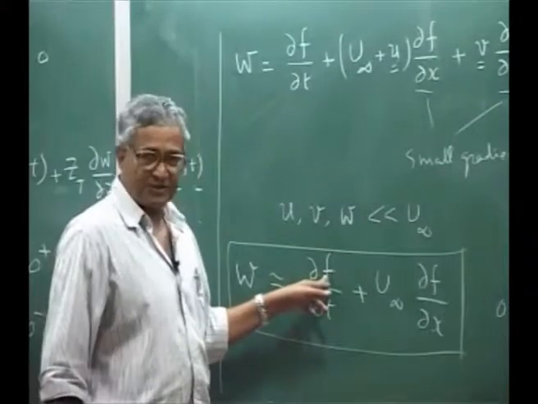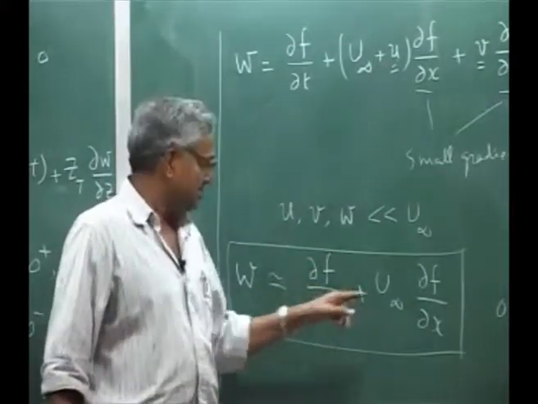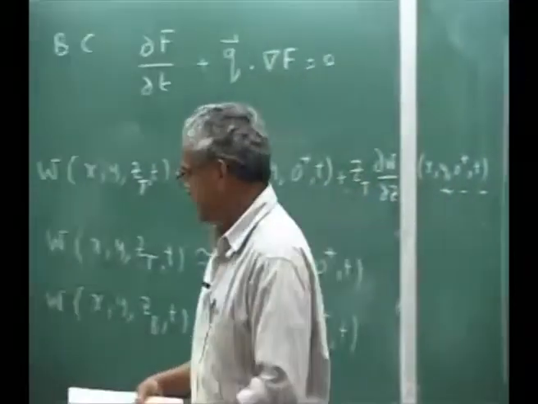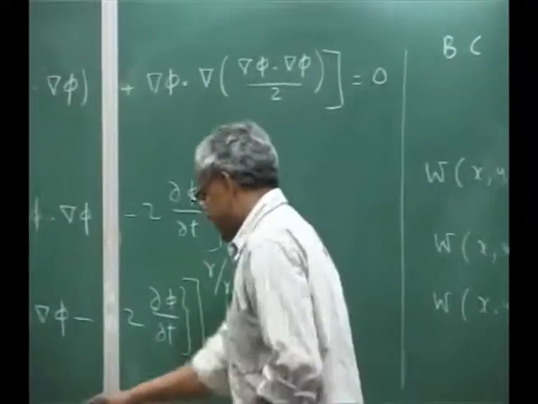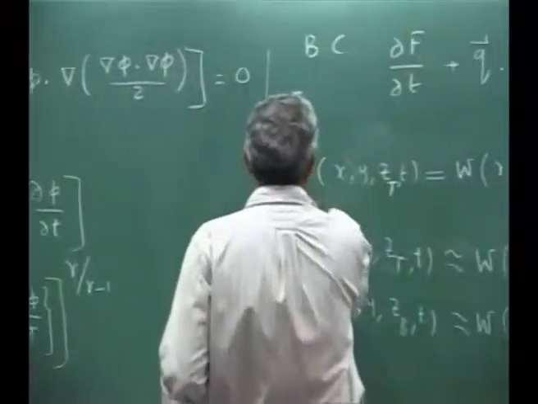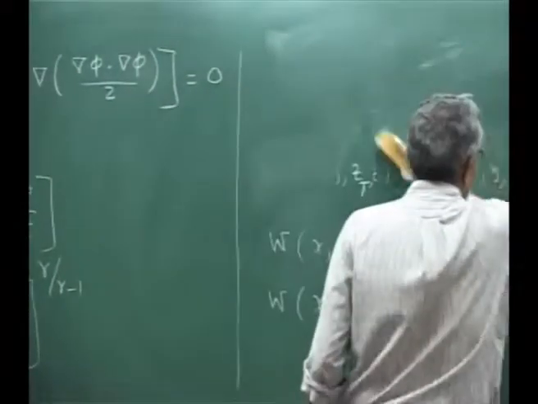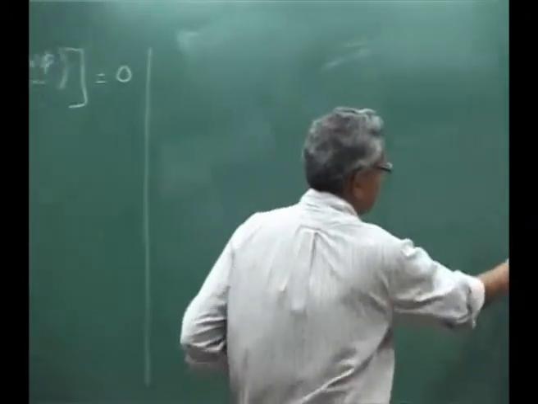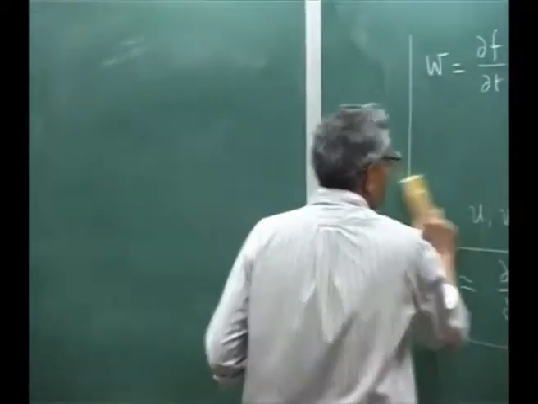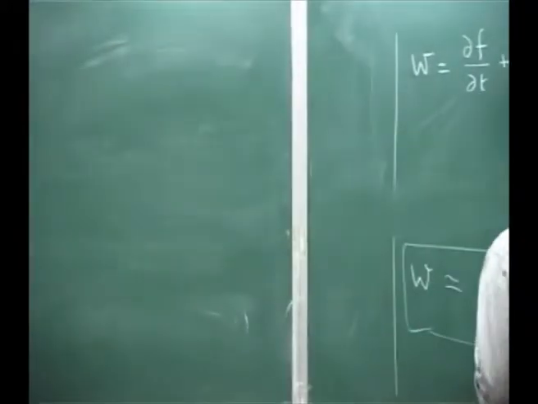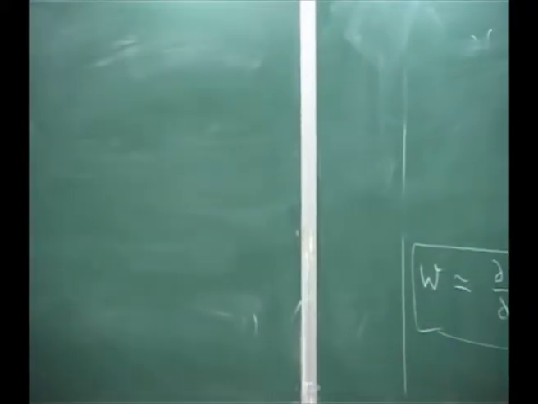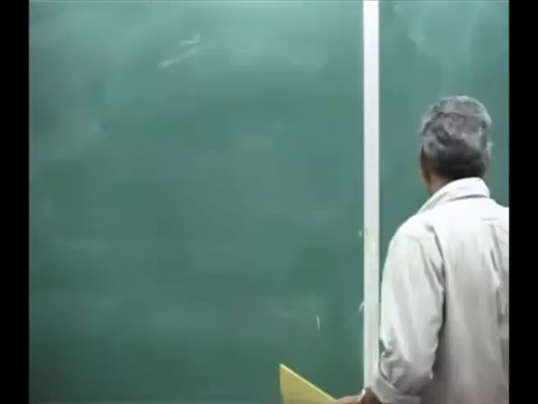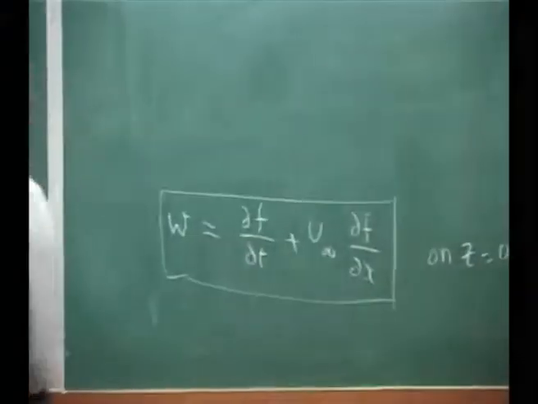F for top surface, it will be top surface, and FB, it will be bottom surface. That's all. Now let us take the reduction of the equation. This I leave as it is, because this is important, your boundary condition.